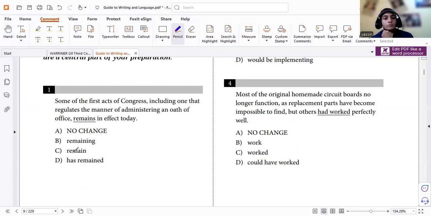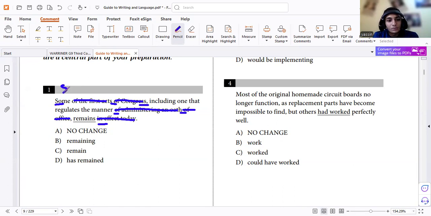But let me think in this way. I'm going to read. I found the verbs. "Some of the first acts of Congress, including one that... and remains." So this is long. The first step is to delete the phrases. Delete phrase, delete phrase, delete phrase. So what remains in effect then? The subject and the verb.